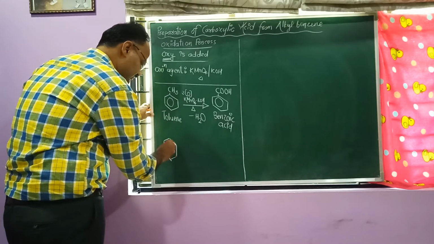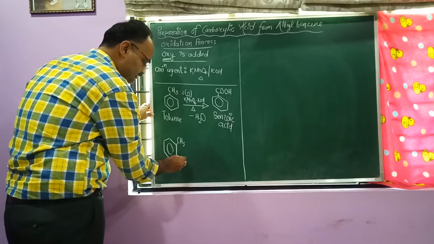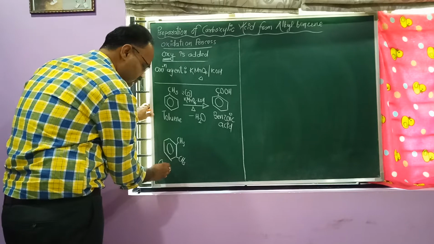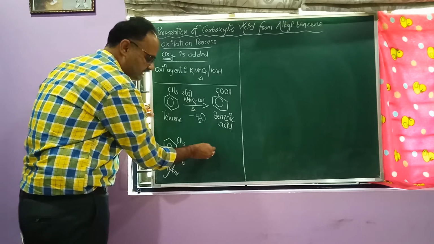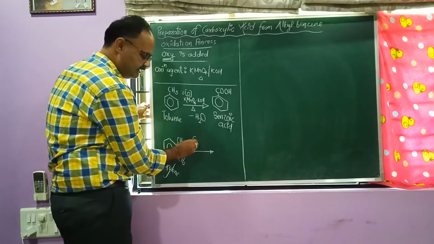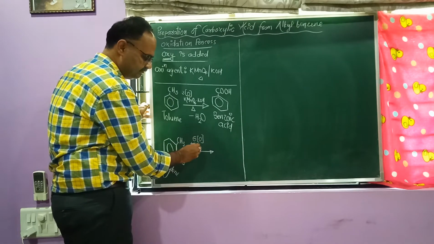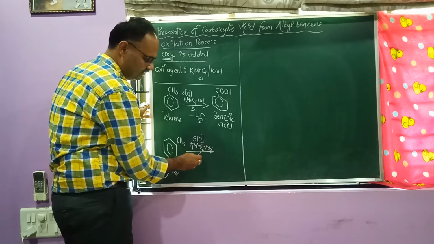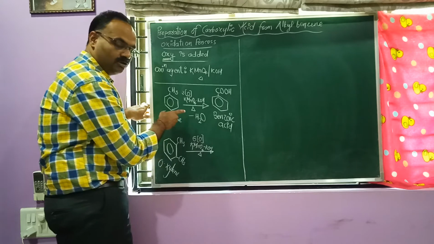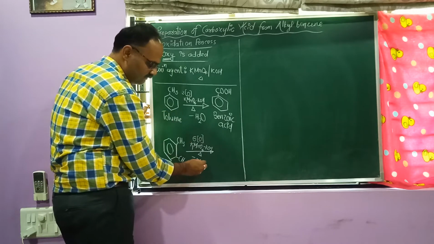Another example we consider in this manner. We have 2 alkyl groups, this is an example of orthoxylene. Now we understand we will add 6 atoms of oxygen here. The oxidizing agent is the same, KMnO4/KOH, heat. As we discussed in the first reaction, now we have 2 moles of H2O byproduct.